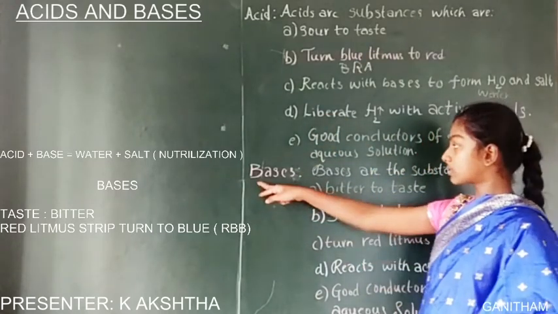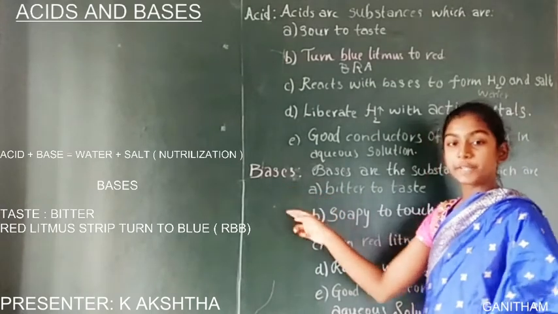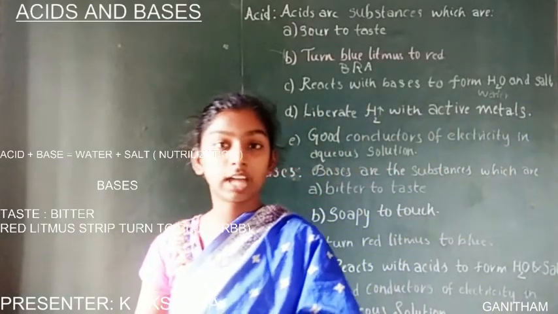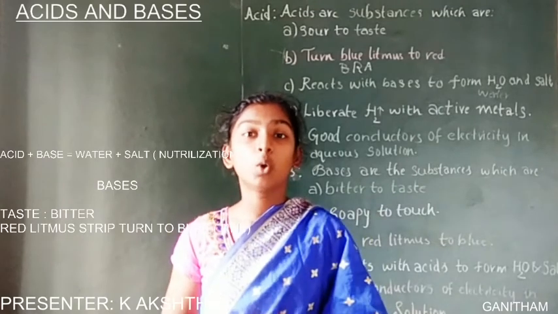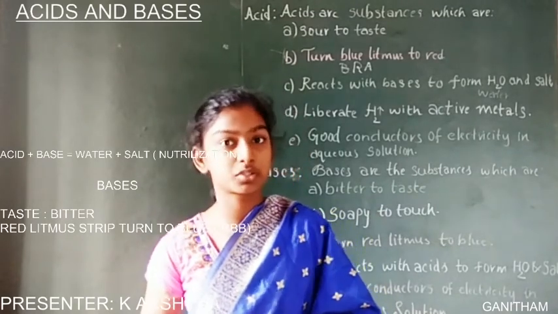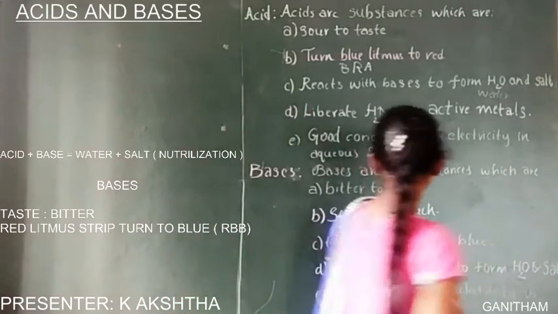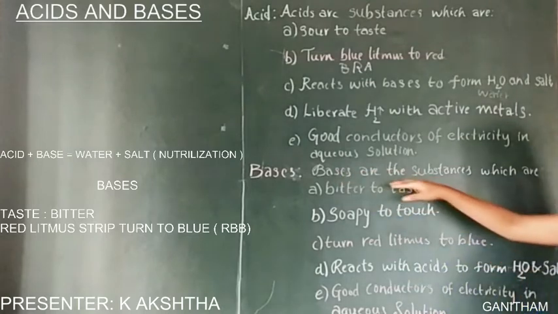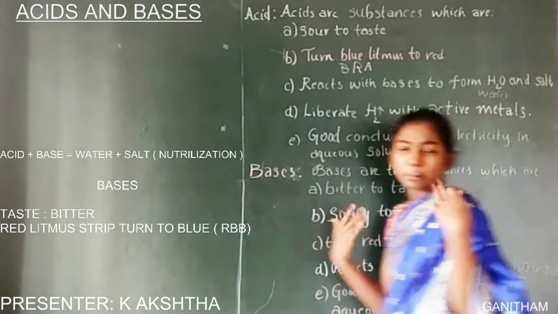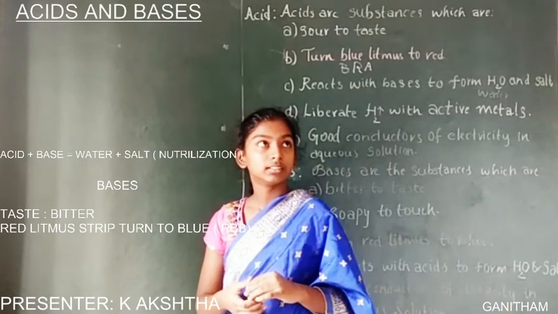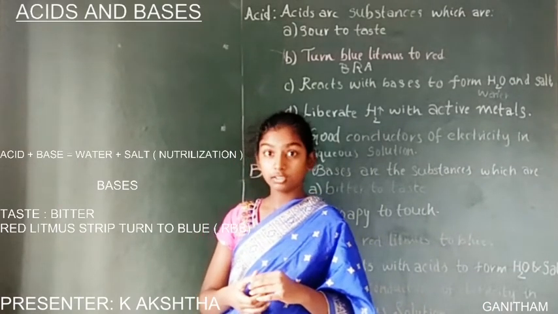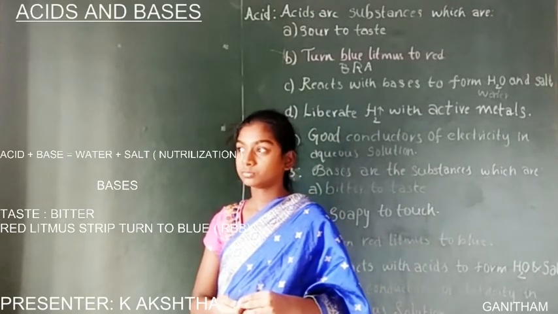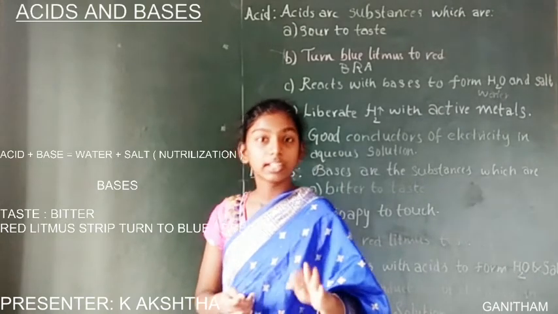And now, what is a base? In the theories, we know that bases are the substances which have OH minus ions, right? And these bases are substances which are bitter to taste. For example, very bitter, like kakarkaya, as we say in Telugu.